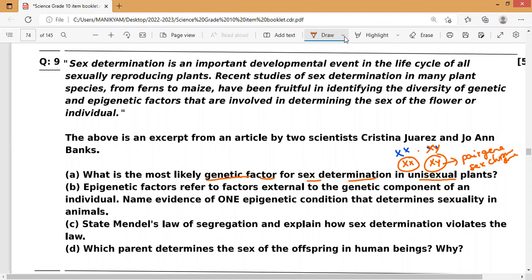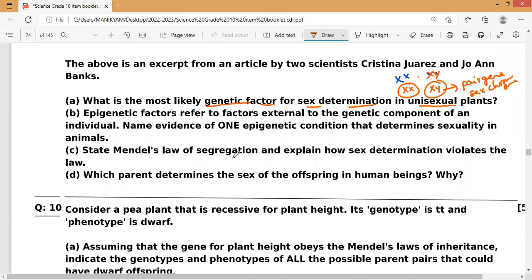Next, second question. All of you read. Epigenetic factors. So now, let us observe this one. Epigenetic factors refer to factors external to the genetic component of an individual.